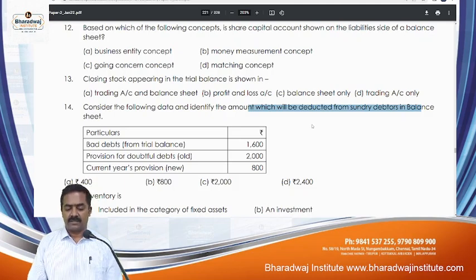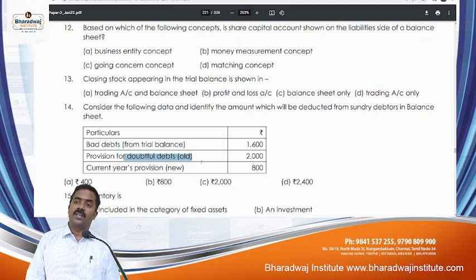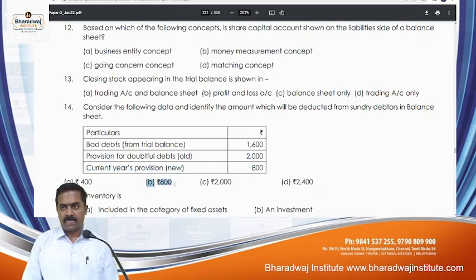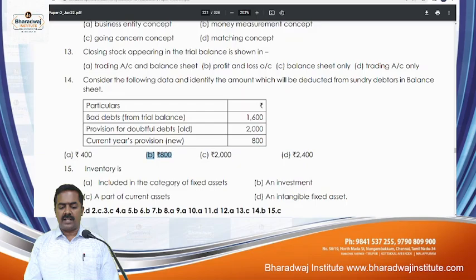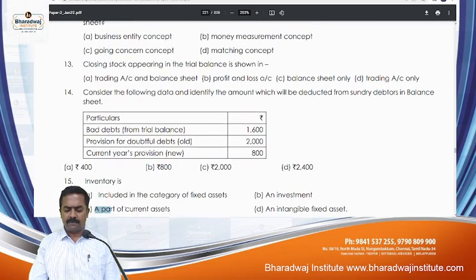Which one will you deduct? Will you deduct bad debts in the trial balance? No. Will you deduct provision for bad debts old given in the trial balance? No. Current year provision, that is new provision, should be deducted. Which answer is correct? B. They ask you how much will be deducted while arriving the balance in balance sheet. Inventory is part of current assets.